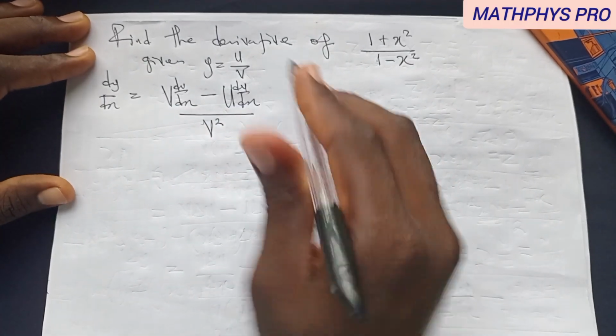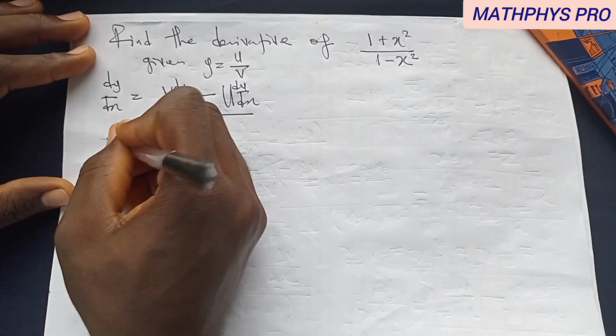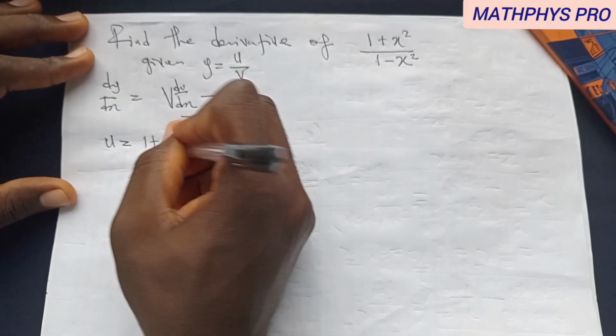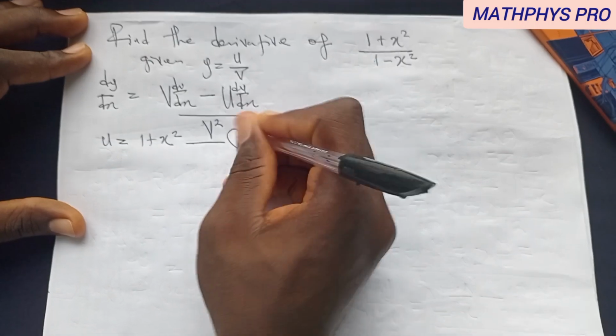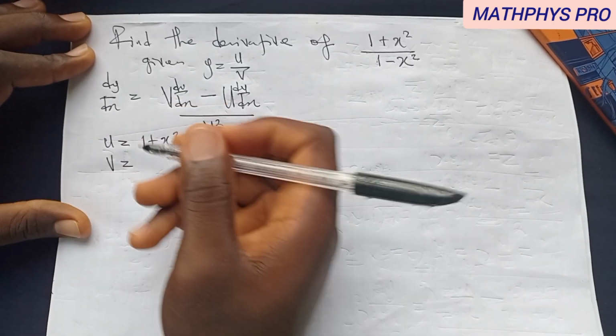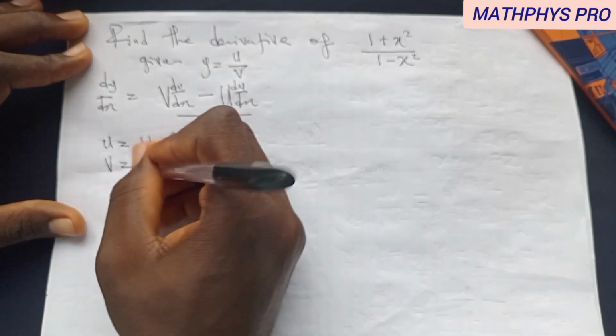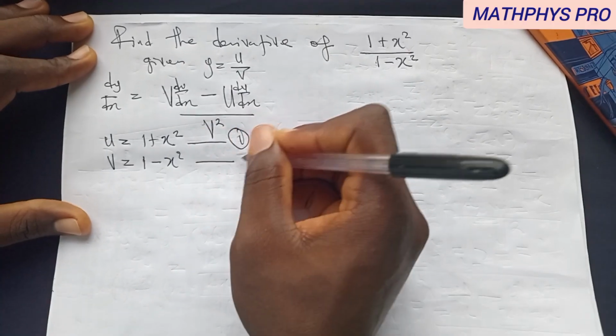Now what is u? u is equal to 1 plus x squared. You can choose to call it equation 1. And v is equal to 1 minus x squared.